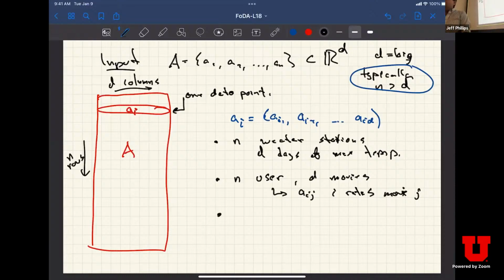You could also have a setting where you have N days of stock prices. Now I'd like to consider building a model where I predict the stock price on the next day.